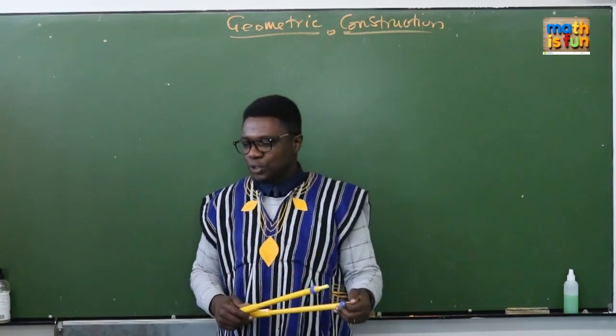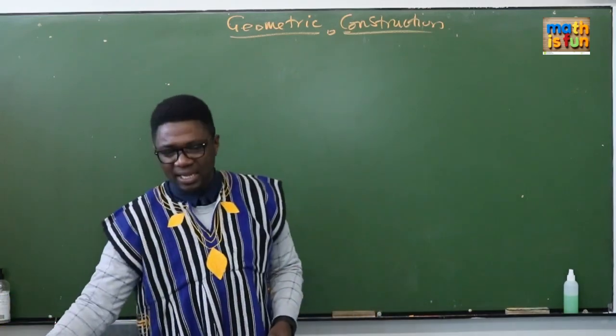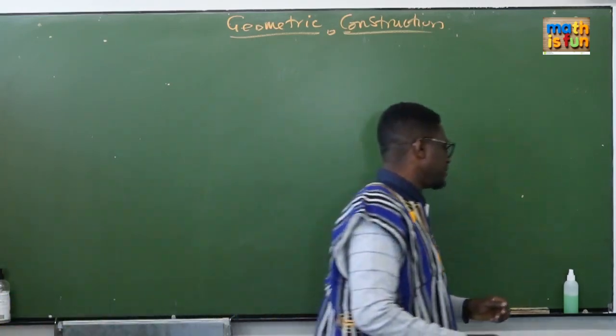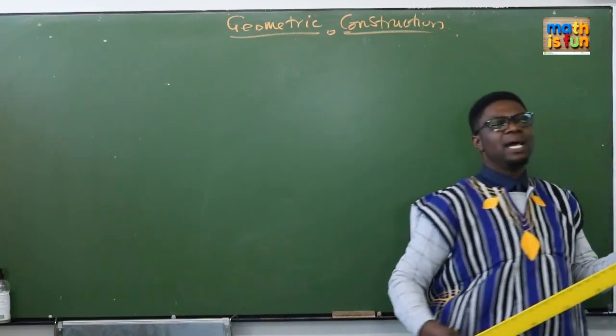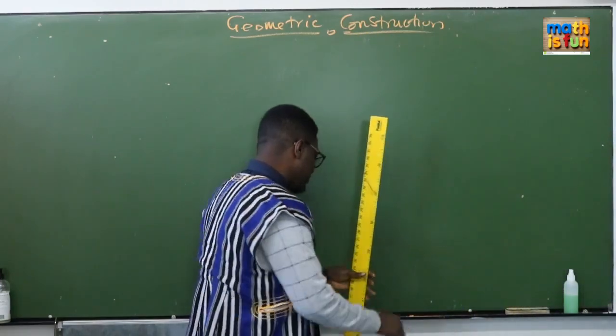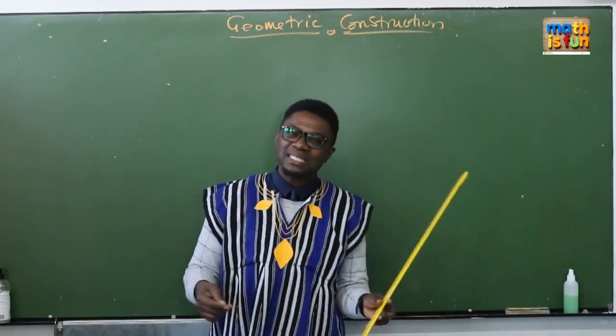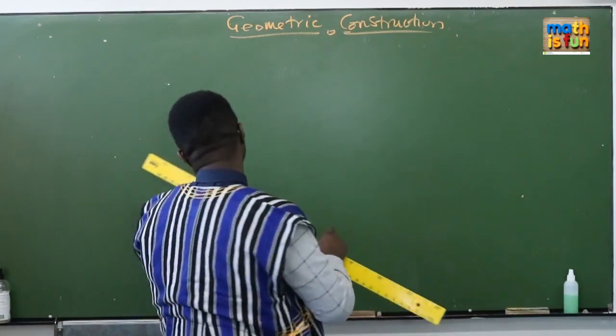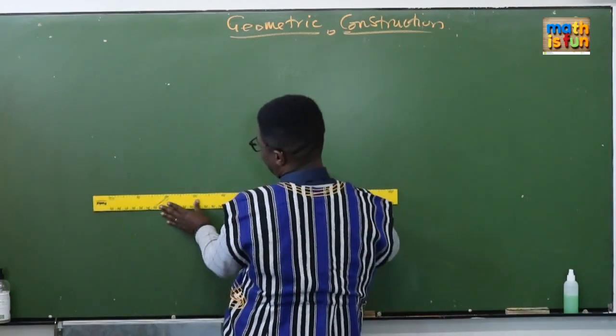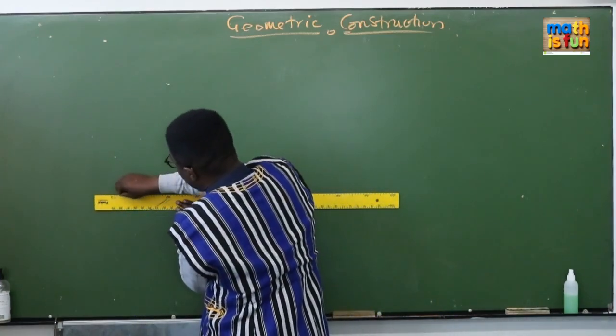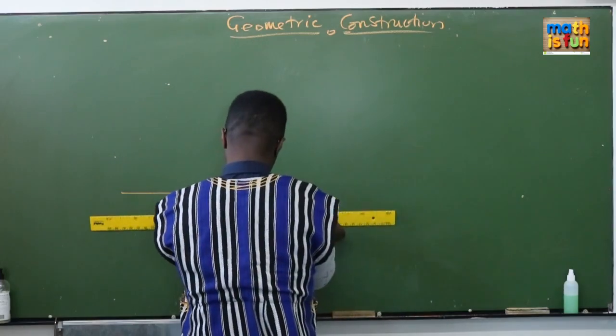So constructing a 60-degree angle without wasting my time, we get our ruler, which is very important because they say that a pair of compass and a ruler only. I have my line segment drawn like that.